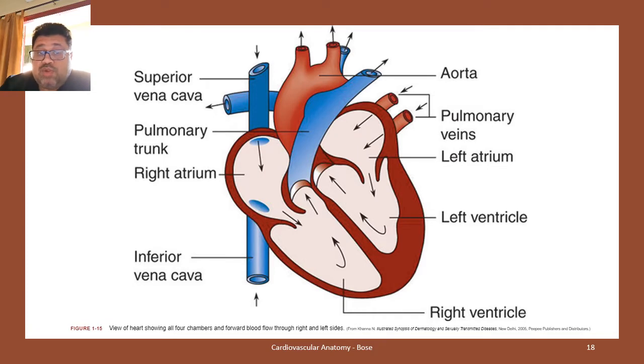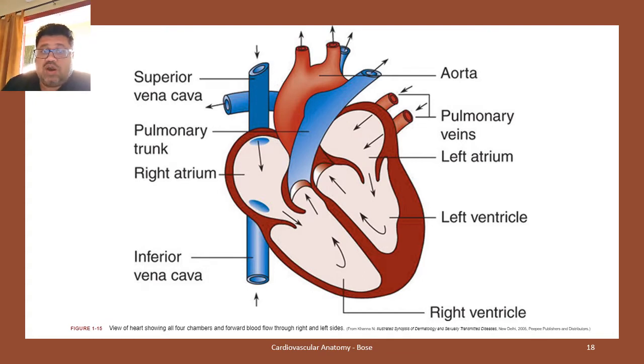It lies obliquely or diagonally in the mediastinum with two-thirds lying left of the mid-sagittal plane. The superior portion of the heart is formed by the two atria, and it is called the base of the heart. It is broad and exists at the level of the second intercostal space in adults.